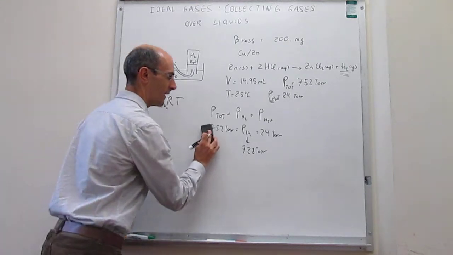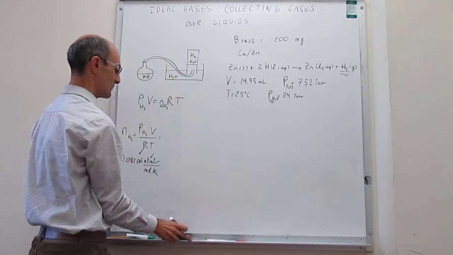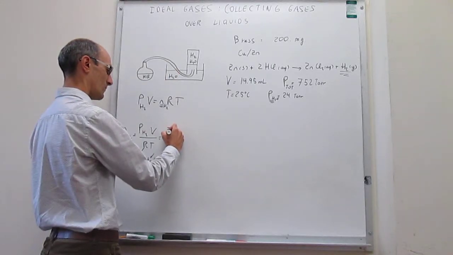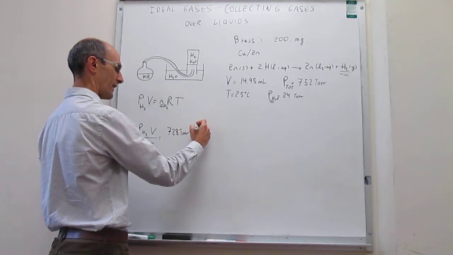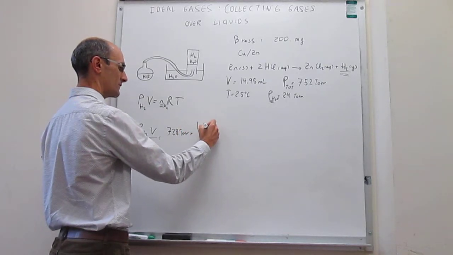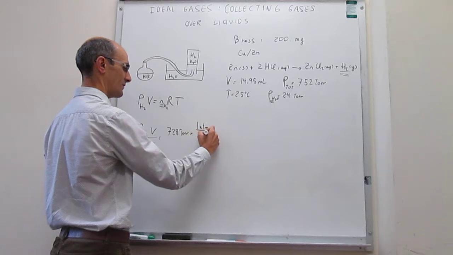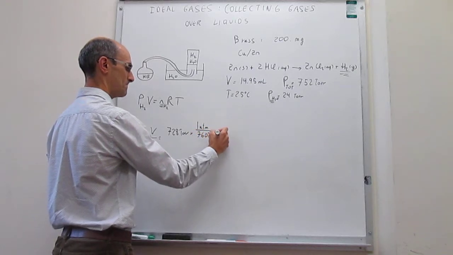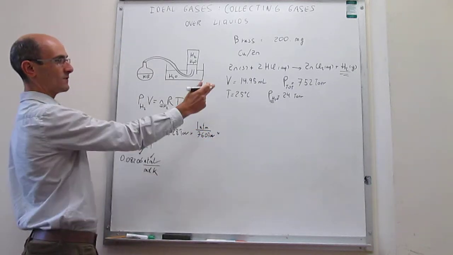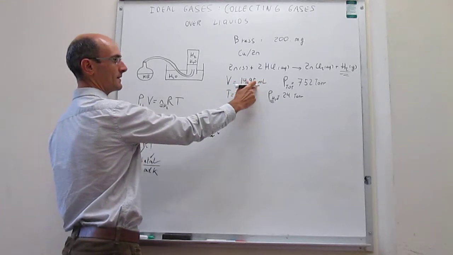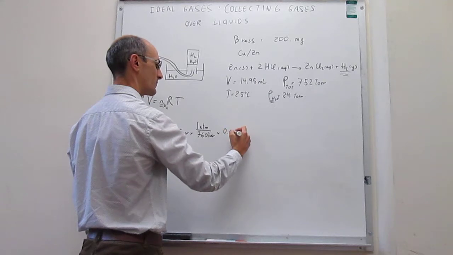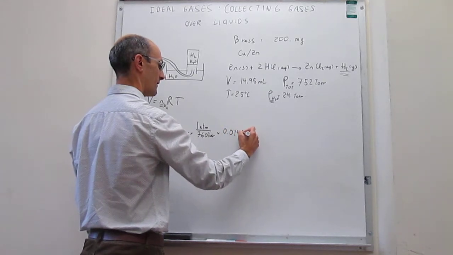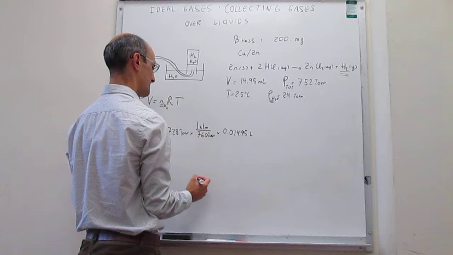We know that the pressure of hydrogen happens to be 728 torr. The conversion between torr and atmosphere is that 1 atmosphere is the same thing as 760 torr. You'll have to multiply by the volume, which is provided by the problem. Notice that this is milliliters and we need liters. So that happens to be 0.01495 liters.